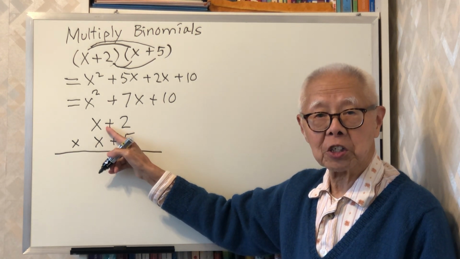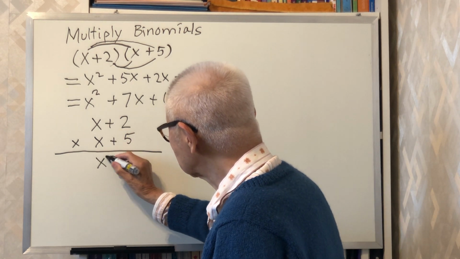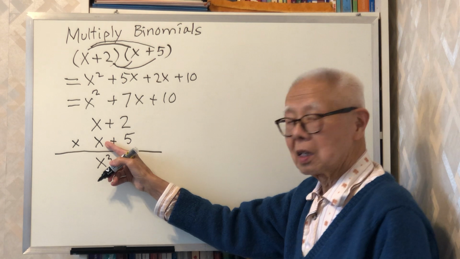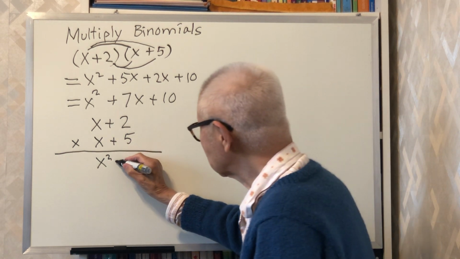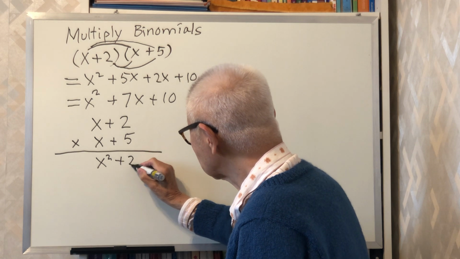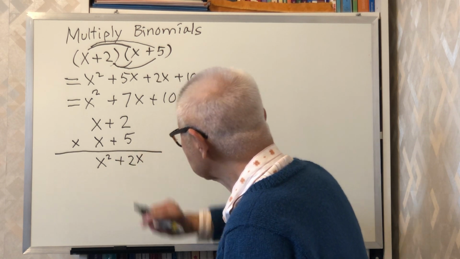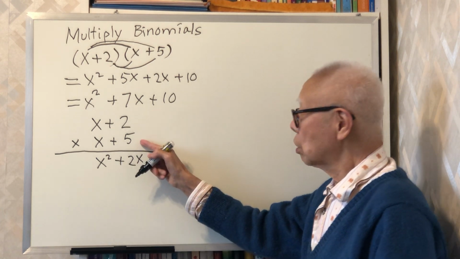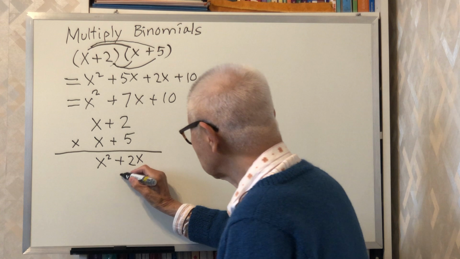X times x is x squared. X times 2 is 2x. Five times x is 5x.